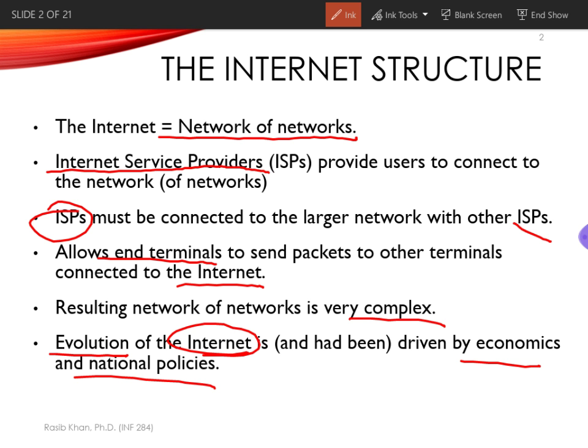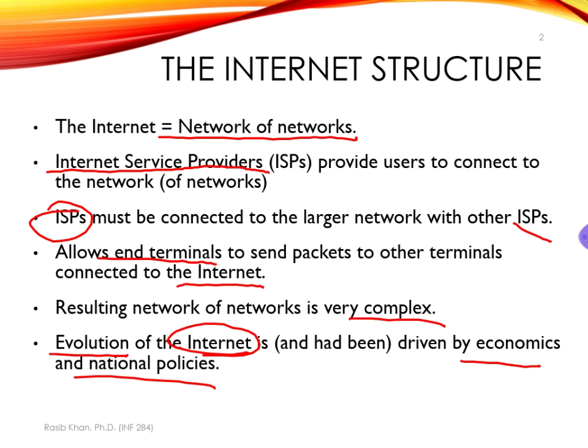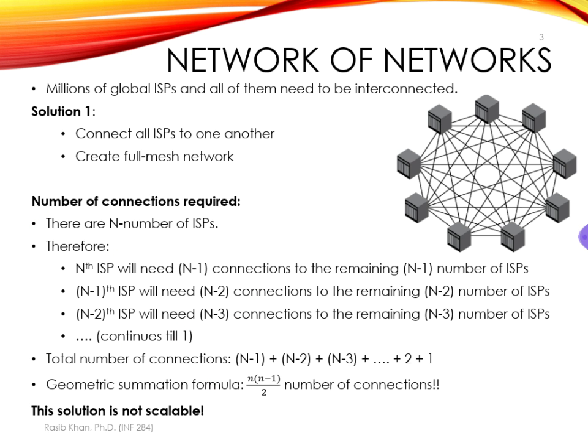On the other hand, there are countries which have considerably lenient privacy policies, etc. So the internet has seen a lot of evolution over the past few decades, and everything is driven definitely by the evolution of technology. But alongside, economics and national policies play a very important role in the definition of the overall internet structure.